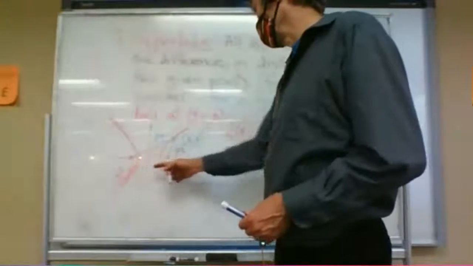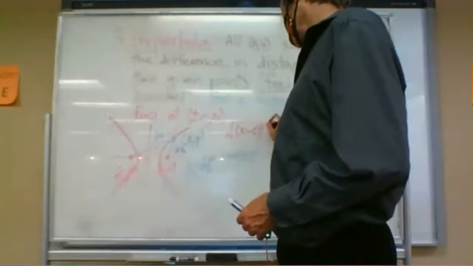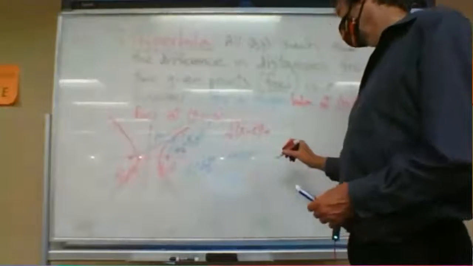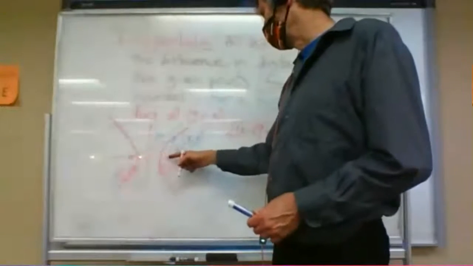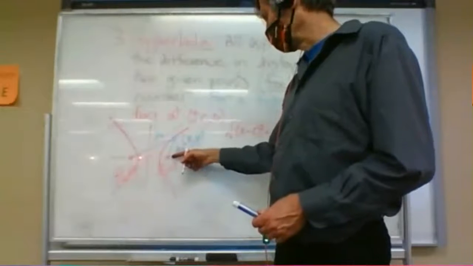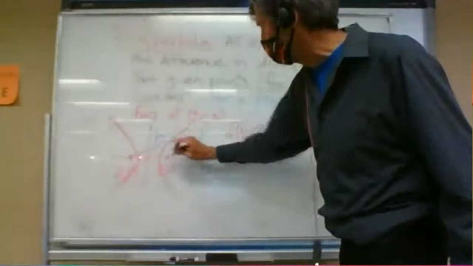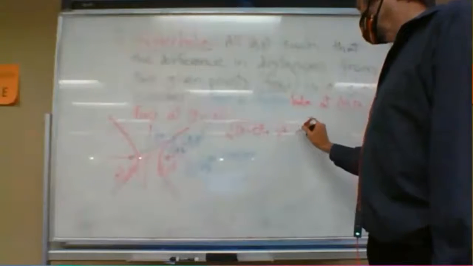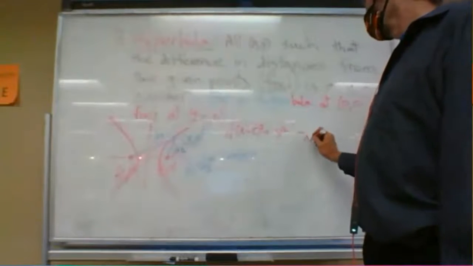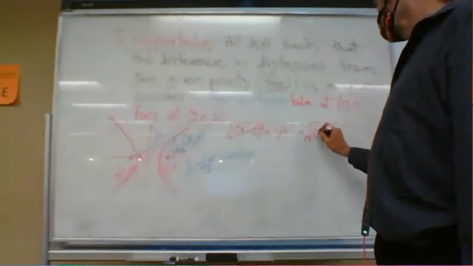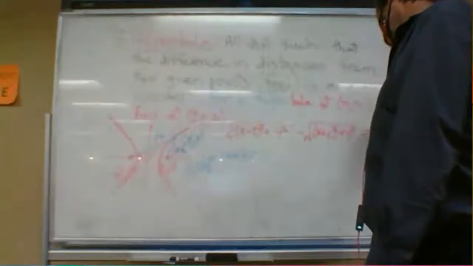If this is at c, 0, you can put it as the square root of x minus c squared plus y squared, just by the Pythagorean theorem, right? The x distance is x minus c, and the y distance is y, and so this squared plus this squared makes a little triangle here. That's that distance minus the square root of x plus c squared plus y squared, when you're going from the other one, equals a given number.